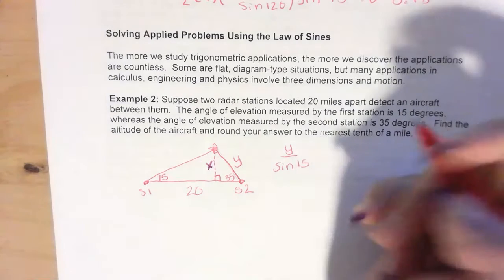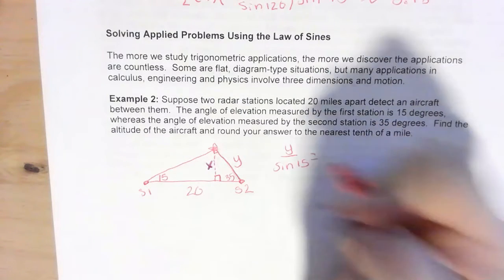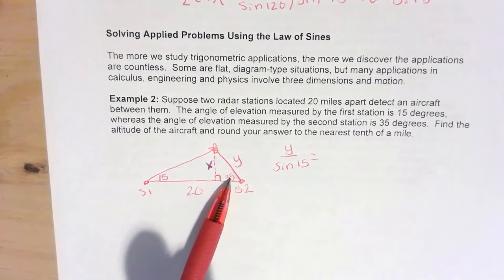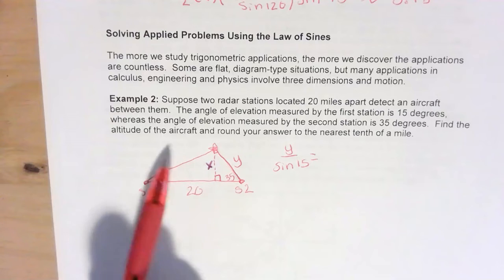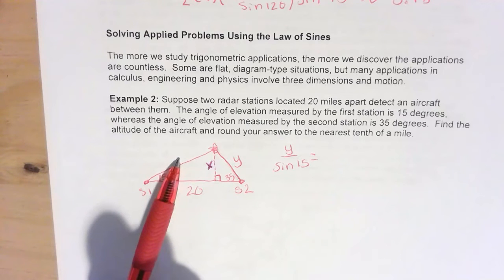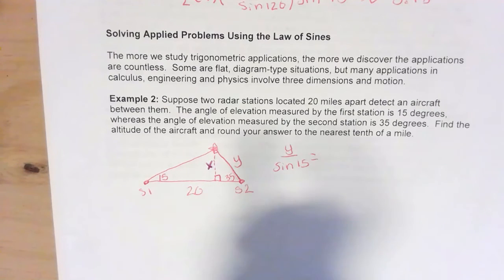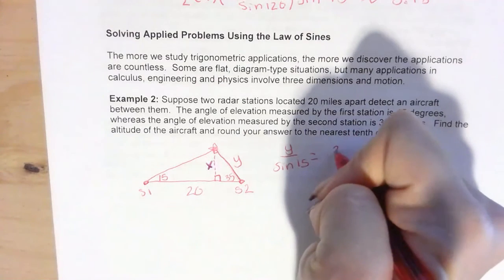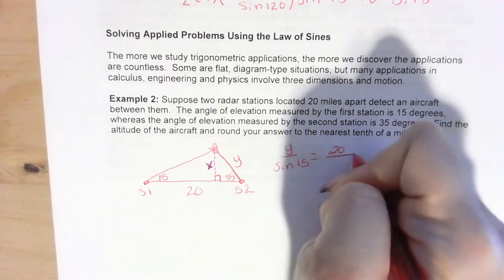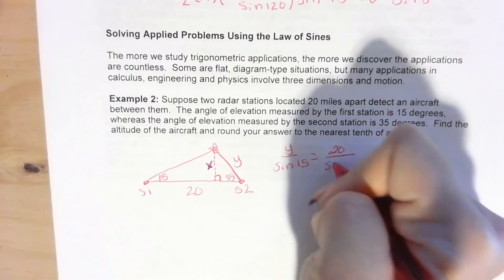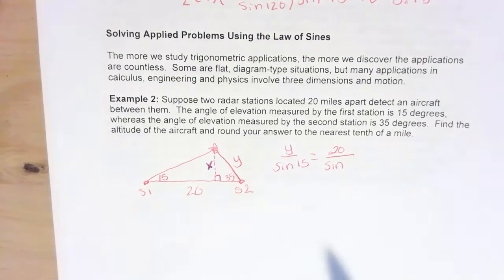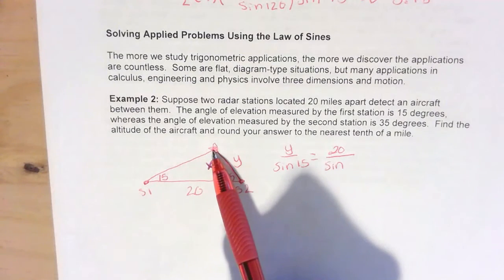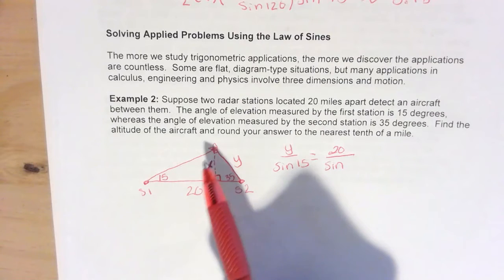And then equals, well, I need another pair, right? Well, 35 is an angle we have, but I don't have that other side. I have 20, right? So I want to use that 20, but if I use the 20, that means I need the angle that is opposite of it, right over here. Well, I can find that angle, can't I?